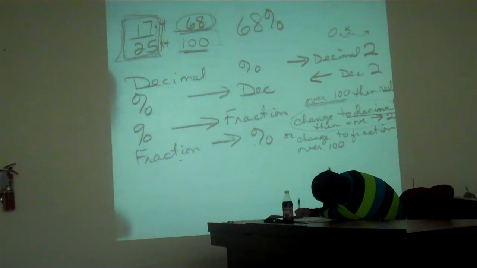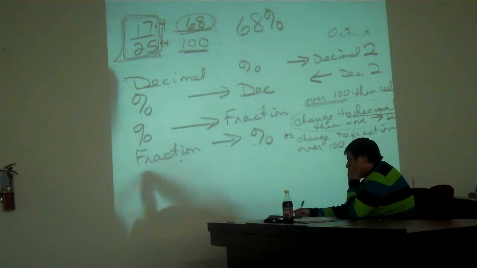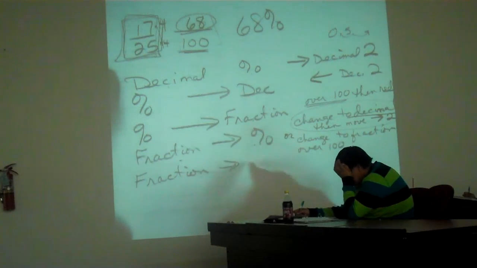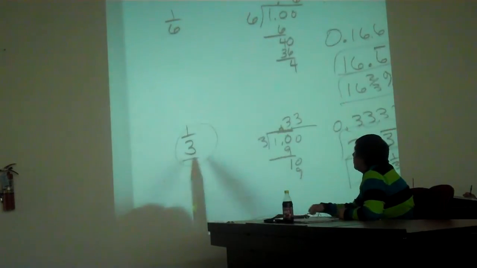Okay, what do we not have up there? Fraction to decimal we don't have written down. Fraction to decimal. How did we do that?